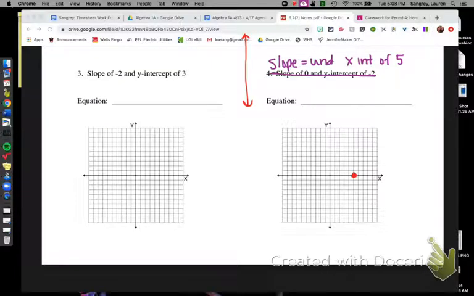There's my red dot, and then my line has to go straight up and down through that. Your equation is x equals 5 because your line is going through the x-axis.